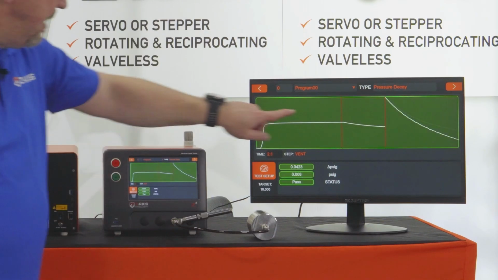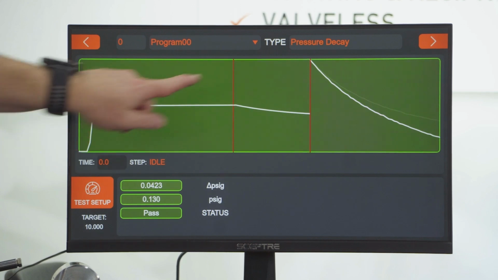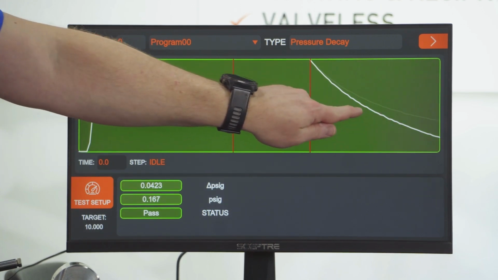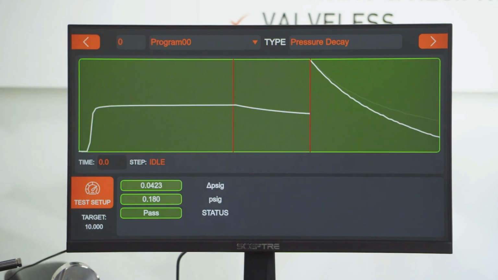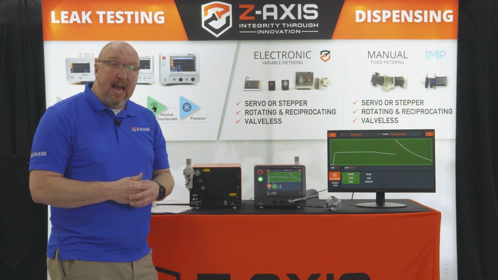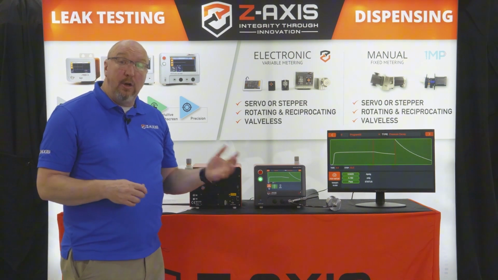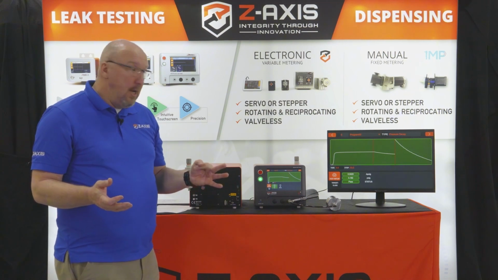And what you can see, there's a faint line here that shows the previous test, and then this darker line, the brighter line anyway, shows this test. And the separation between the two, there is some separation, but there's not a lot. So we have a rule of thumb that we like to use, that the separation between a good part and a bad part should be 3 times each other.